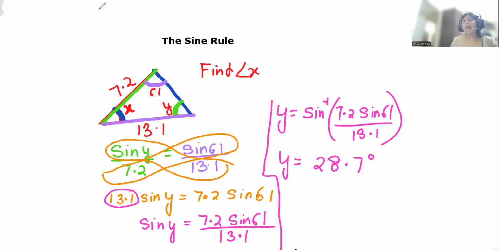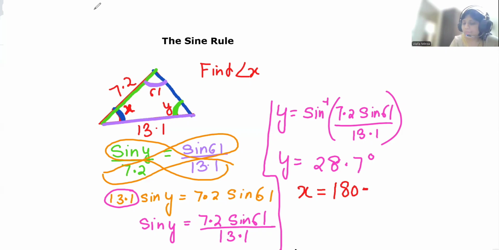So this is my angle y, but still what I want is to find angle x. Now the sum of three angles in a triangle should be 180. So if I want to find angle x, I will subtract 61 and 28.7 from 180.